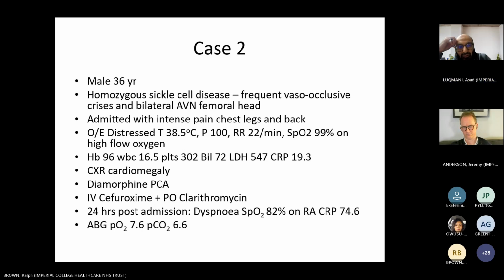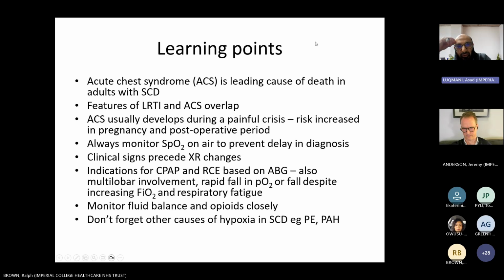Really, should go to the next slide just for some tips and learning points. What we want to highlight is that this is suggesting the patient has developed an acute chest syndrome, and the importance of monitoring oxygen saturation on room air, as we said, to avoid a delay in diagnosis. And as you said, repeating the X-ray may now show some changes because the clinical signs often precede chest X-ray changes.